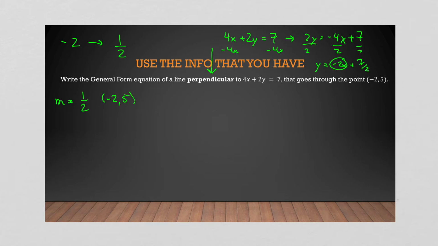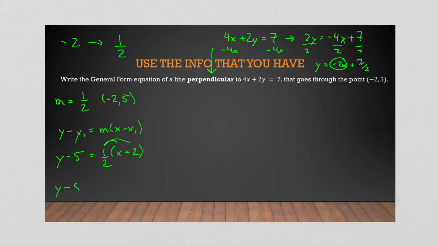So now again, I'm using point slope form. y minus y1 equals m times x minus x1. So y minus 5 equals 1/2 times (x minus negative 2), so x plus 2. Again, I'm going to multiply that in.